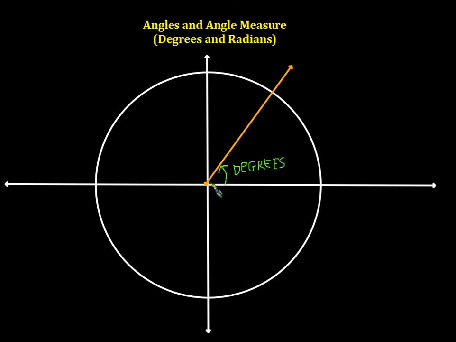When we talk about the degrees of this angle here, where the two rays start in the center of the circle or at the origin, we call this the central angle. And one of the things we're interested in is what is the measure of the arc length associated with the central angle. And so let's go ahead and write some notes on that.